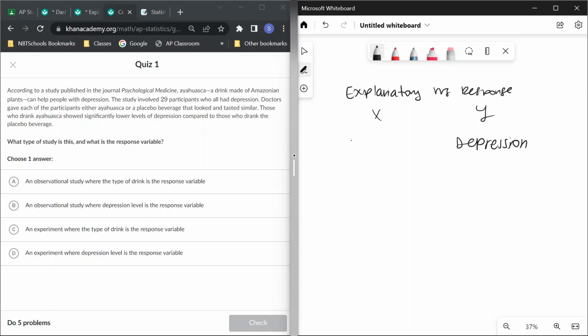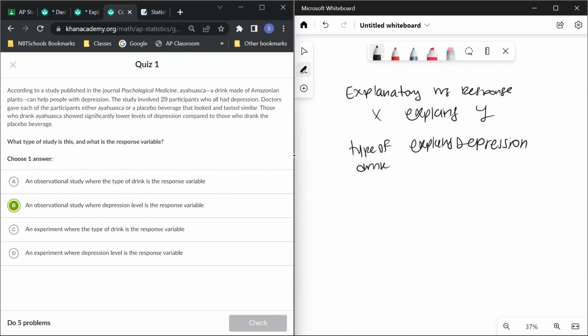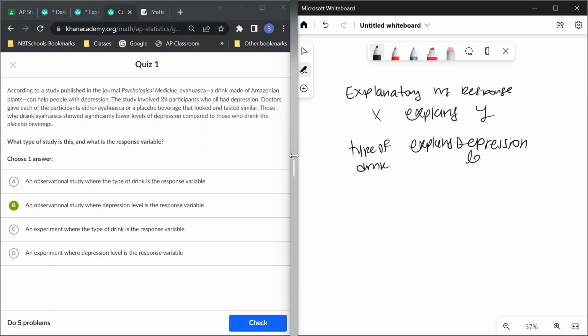And then this would be the type of drink. So X usually explains Y. So type of drink explains depression. So, yeah, it's an observational study where the response variable is the depression level.